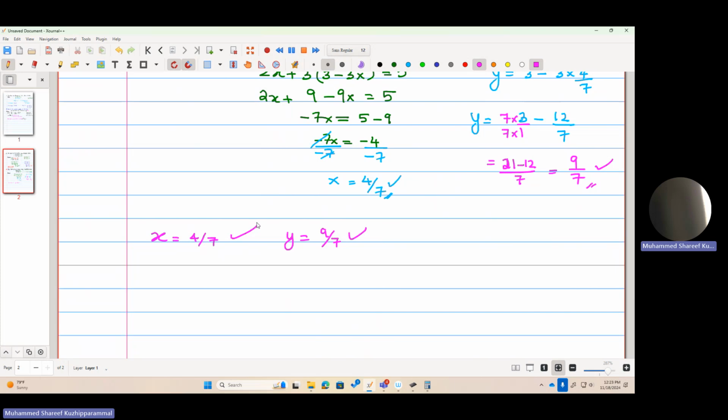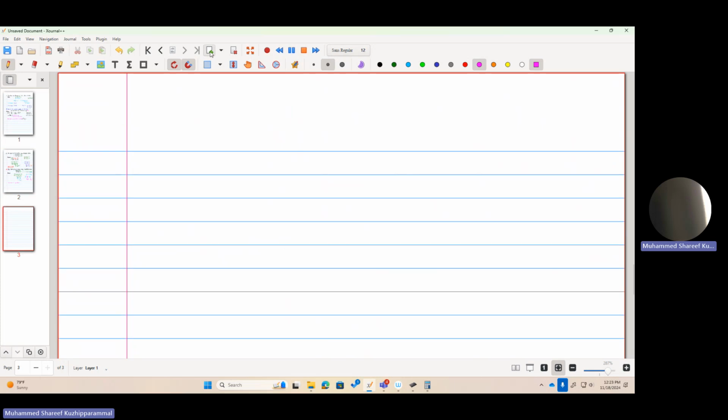Now student, let's do one more problem, then we can stop it. The half-life of plutonium is 17 years.